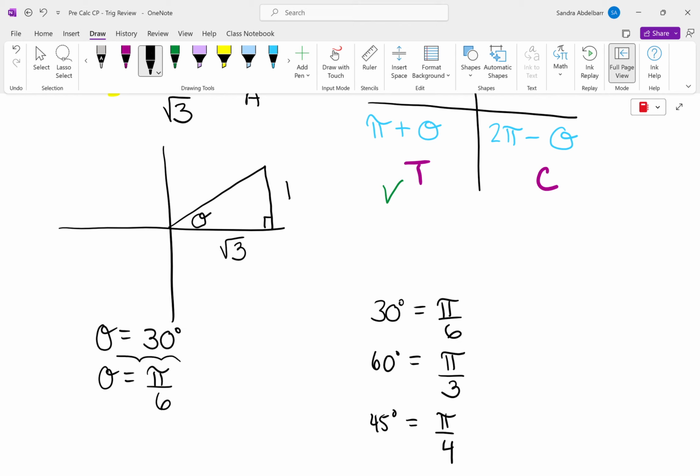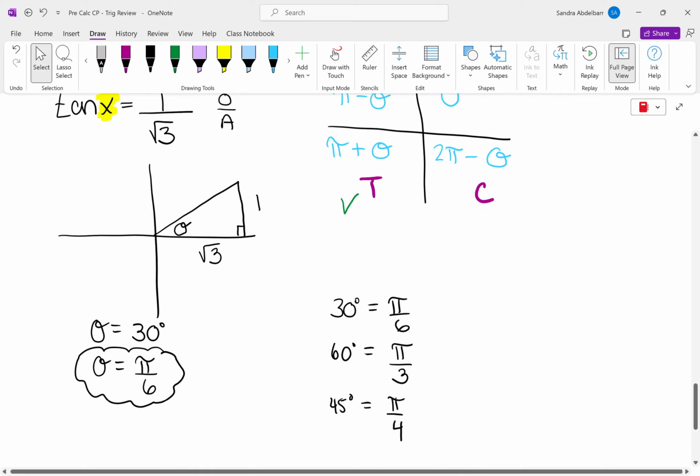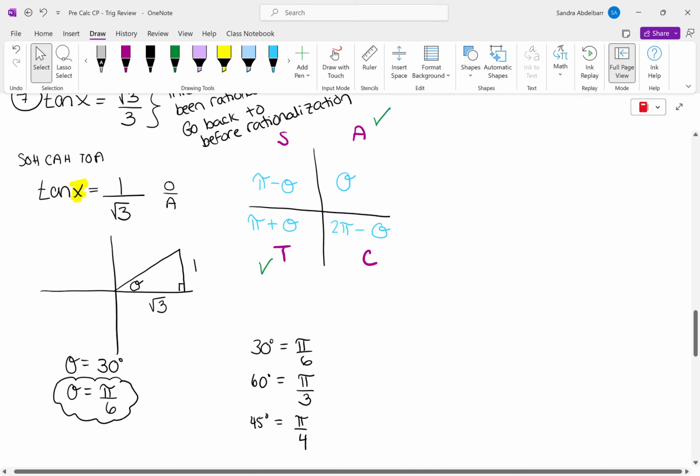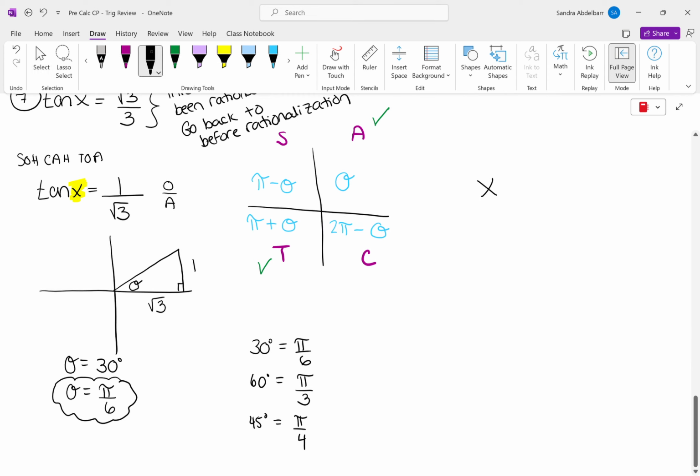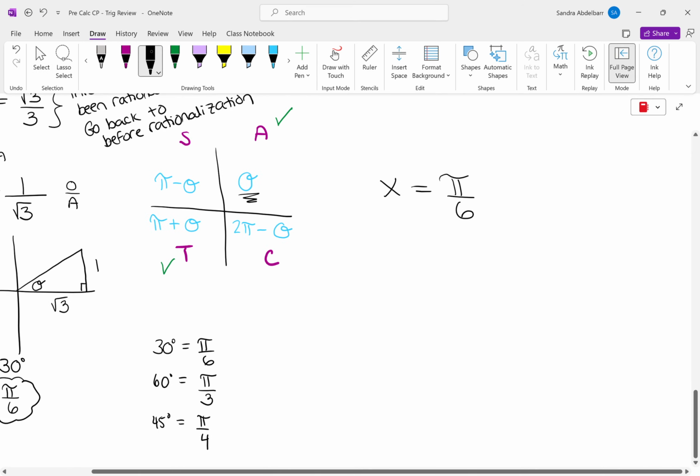Okay, so now are we all in agreement that theta is pi over 6? All right, so now we have to figure this out in the right quadrants. Well, we said in quadrant 1, our answer is whatever theta is. So what is theta? Pi over 6. That's one answer. But then our other answer is in quadrant 3.